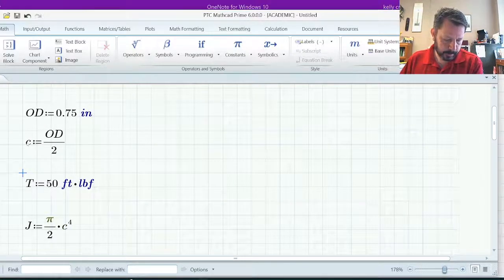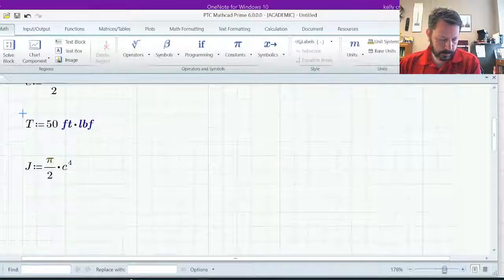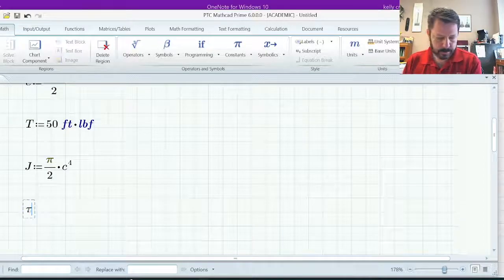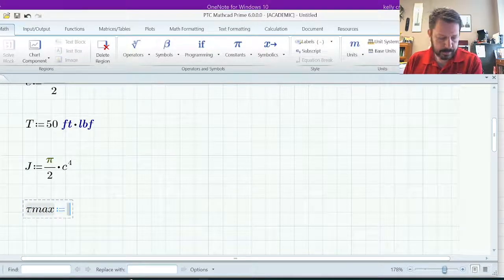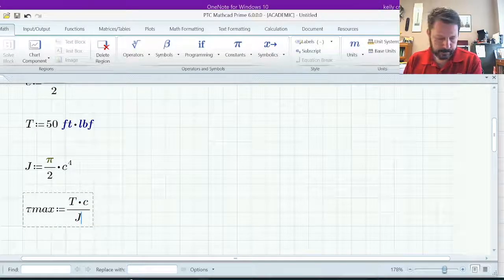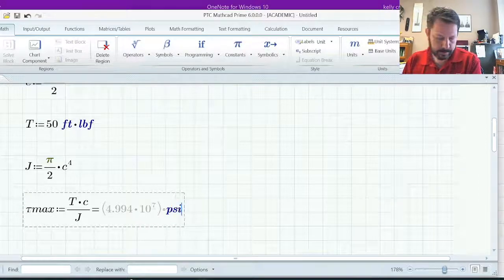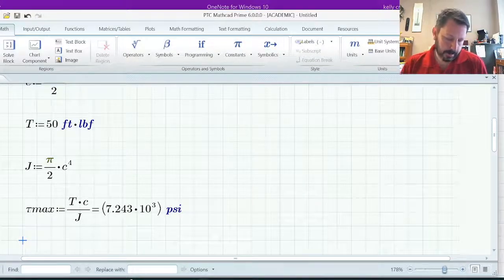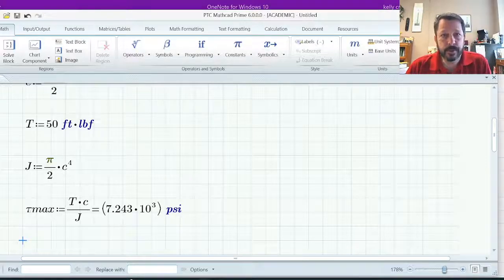There we go. And let's write our equation for tau. So tau max is equal to T times C over J. And we want PSI or KSI. So it looks like 7,243 pounds per square inch.